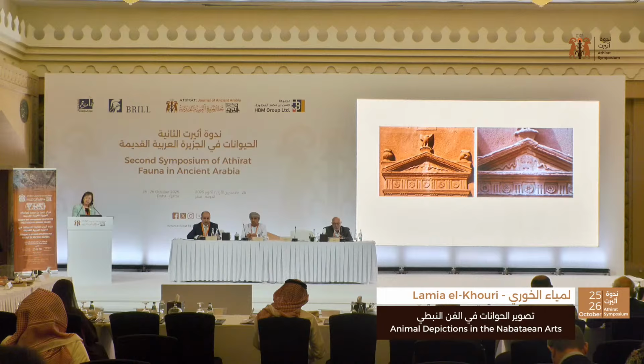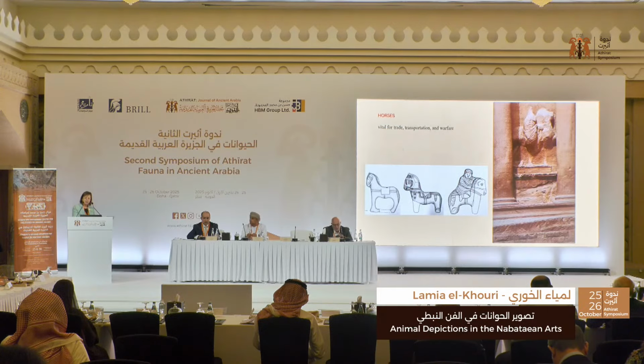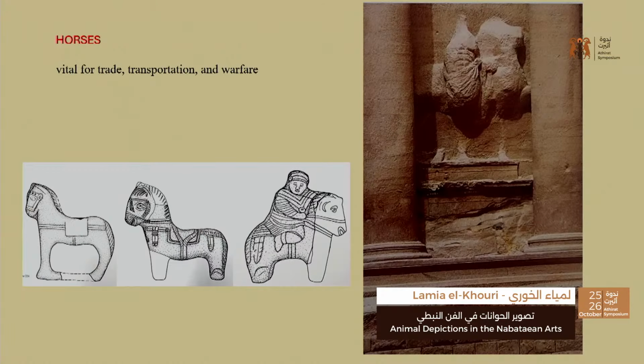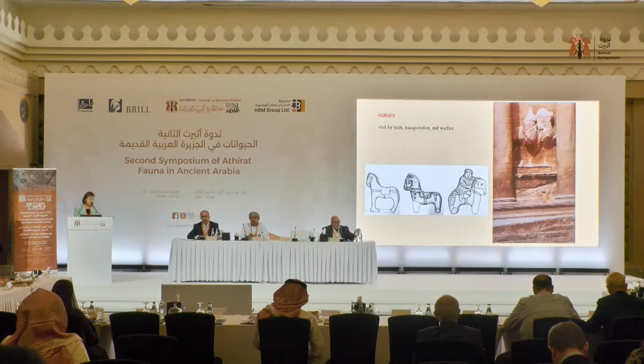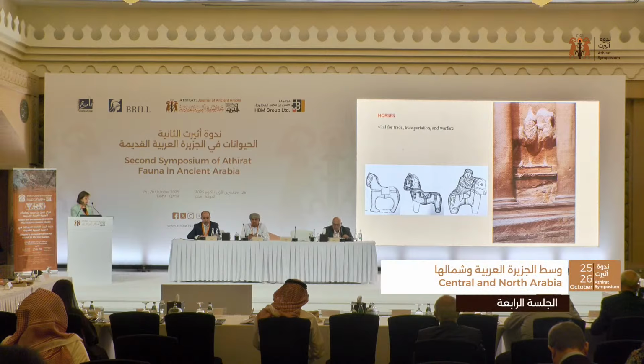Now let's talk about another animal, which is the horse. Horses were integrated into the Nabatean lifestyle. They were vital for trade, transportation, and warfare. Evidence was also mentioned in historical sources like Strabo.